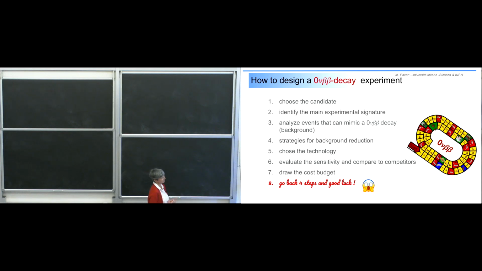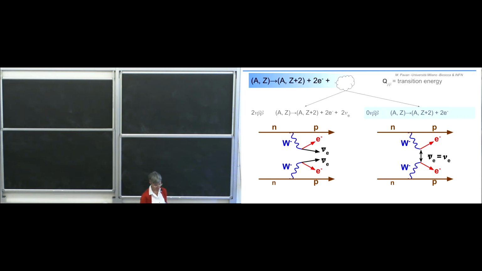Now it is not like that, because we have tens of years of experience in building a double beta decay experiment, and the new generation of double beta experiments is based on a lot of demonstrators and middle-size experiments that have already been operated. So we have a lot of experience, and we already have found a solution for most of these points.